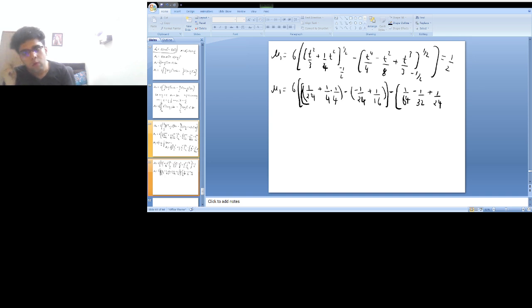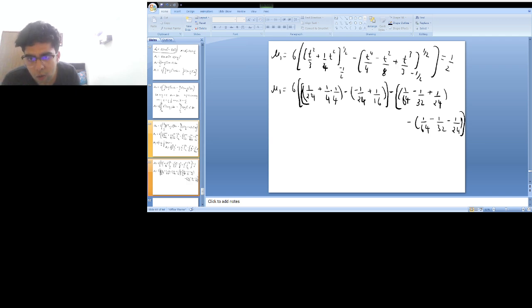Now drawing another bracket here, minus, now substituting minus half gives me again 1 upon 64, again 1 upon 32, but here the value will change and this will become minus 1 upon 24.